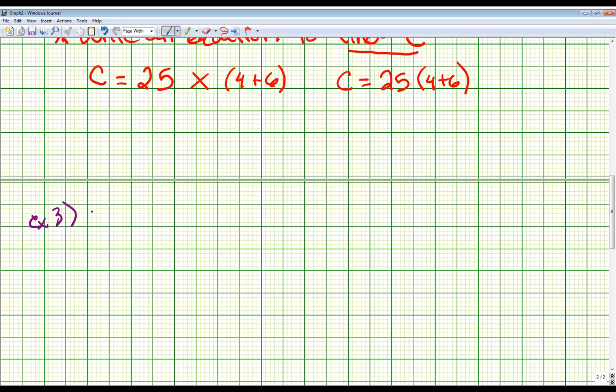Now, in this particular question, it doesn't actually give us a variable to use. So we get to choose the variable when that happens. So the first thing let's write down is what we're talking about here. We're talking about a spelling bee. And then some important information they give us about the spelling bee. They say that 24 students are eliminated after 2 rounds. So 24 students are eliminated.